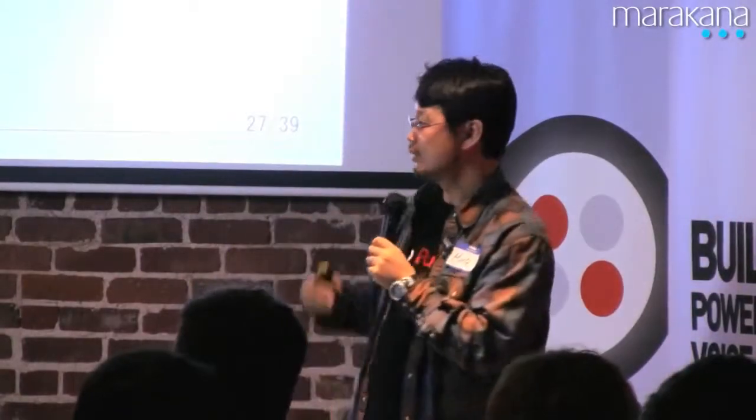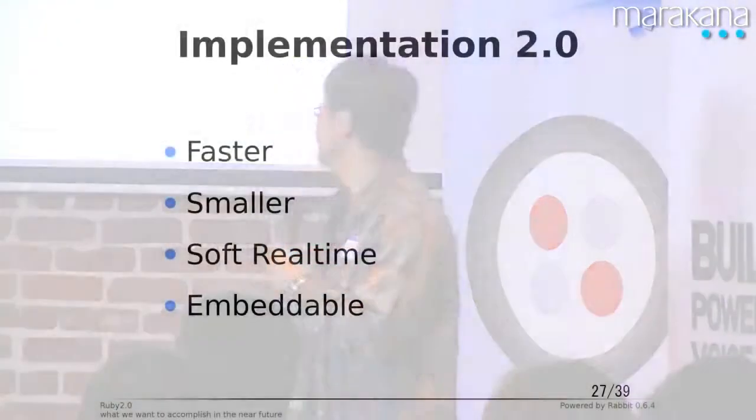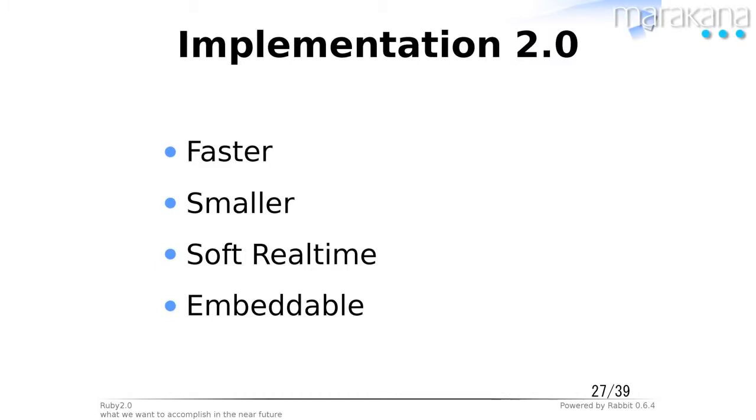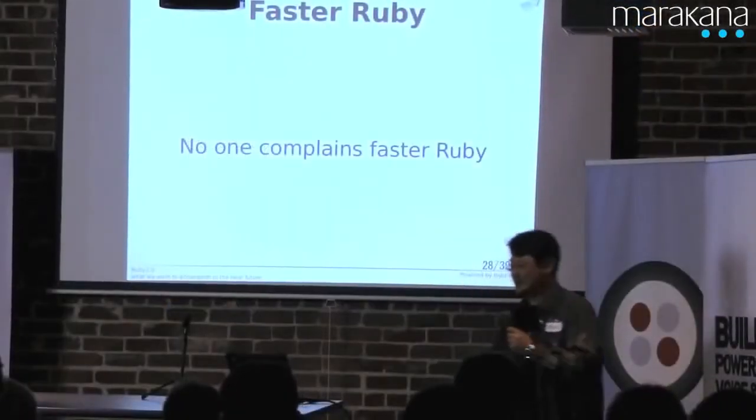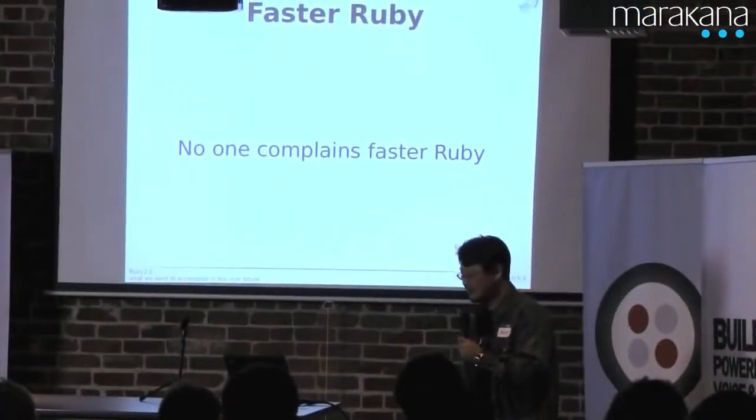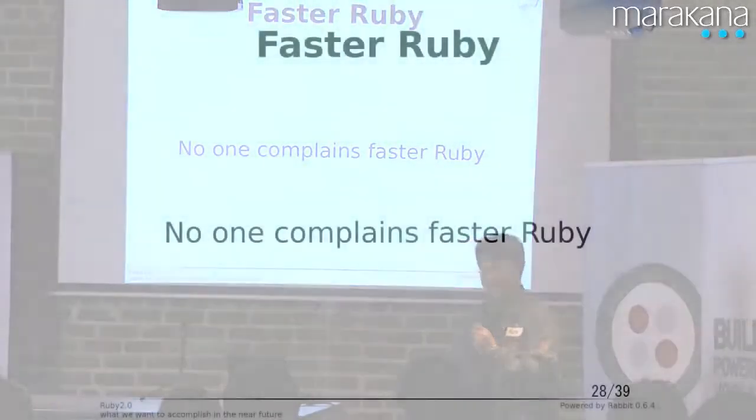At the same time, we are trying to improve the implementation. We are trying to make a faster, smaller, soft real-time and embeddable interpreter. No one complains about a faster Ruby, right?